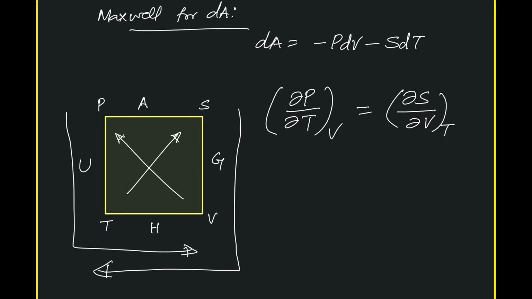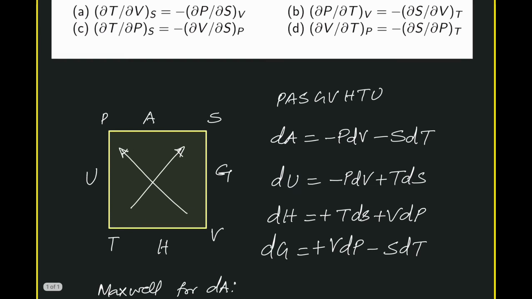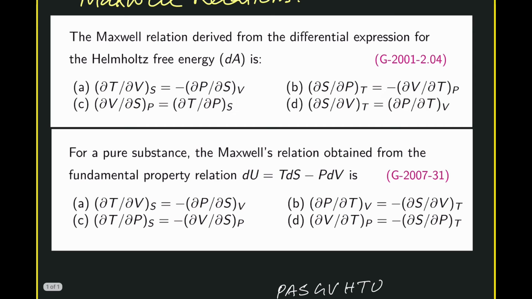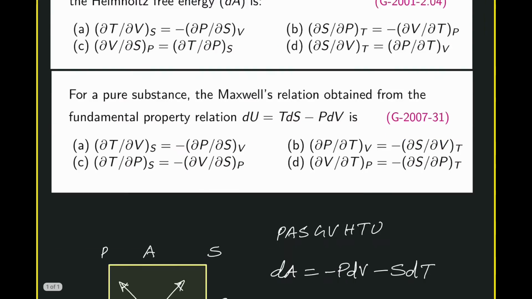In a similar way, we will also write the Maxwell relation for dU, which is also asked in this question. The first one is corresponding to dA, and we have seen this dA.